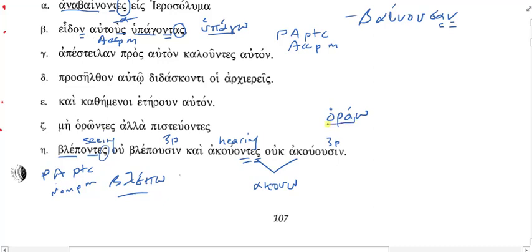That means that my present stem has a contract vowel at the end of that stem, hora. Okay? Now look over here at this form, horontes. That new tau tells me that this is an active participle. Good. Does it have the present stem, hora? For the most part. That's right.